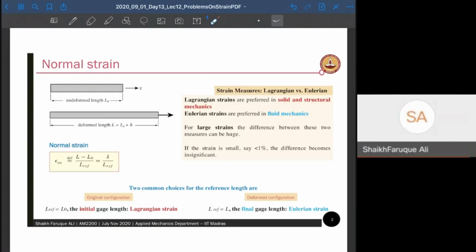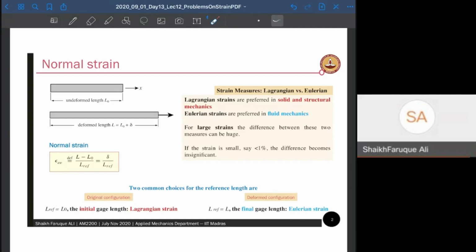Now, when you do that, your total deformation has to be divided by a particular reference length. That reference length can be looked upon in various fashions. One of them is the Lagrangian strain formulation, where you take your reference to be the original configuration, L0. So delta by L0 becomes your Lagrangian strain.